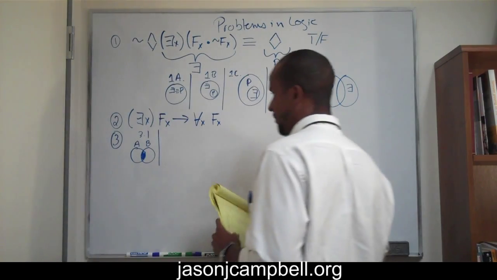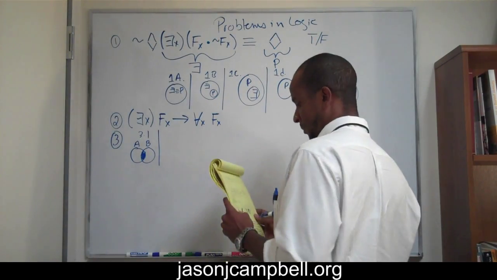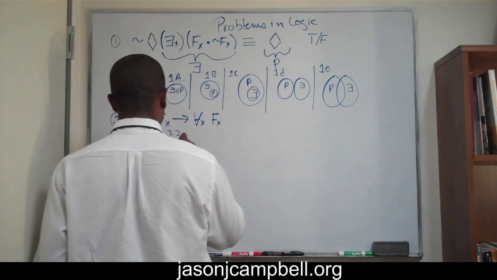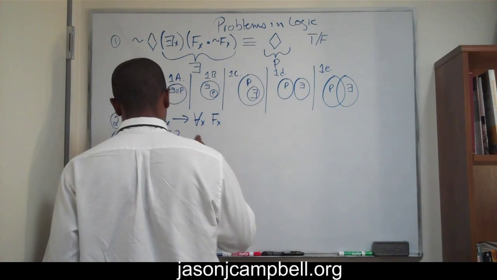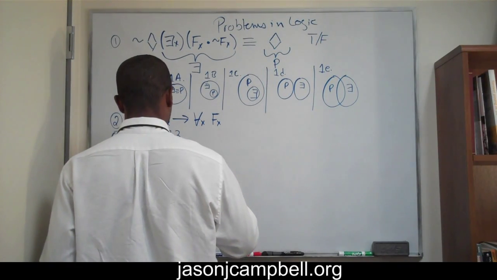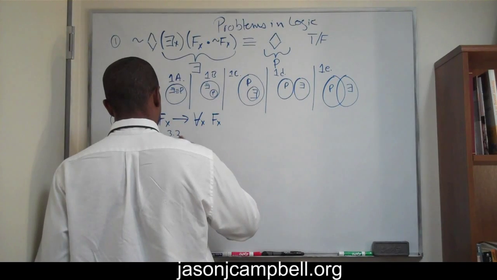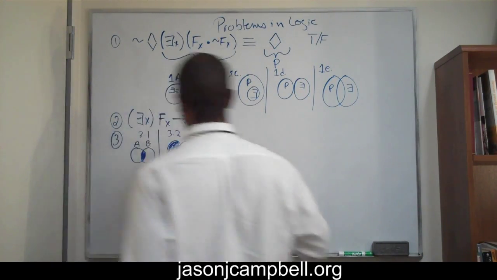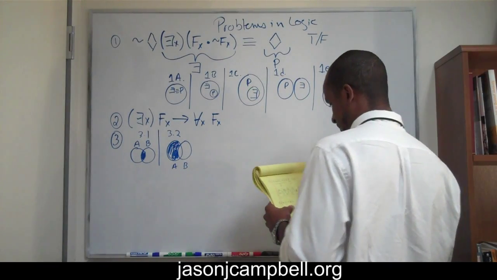So that's 3.1. What does that mean? 3.2 is represented by this. 3.2 is represented by that.